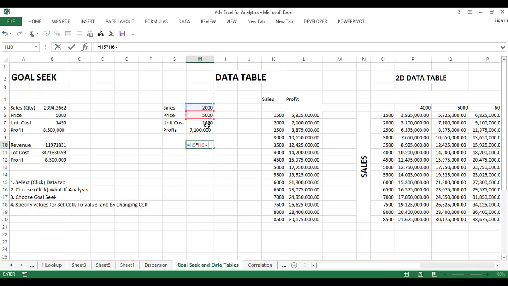Yeah, that's correct. That's it. So that's how this value is computed.